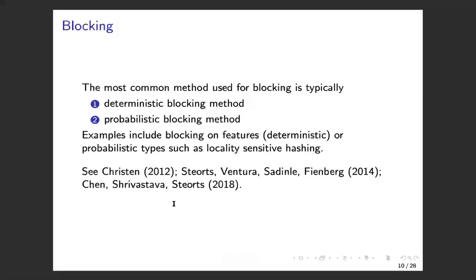And I've put some papers here. A paper that I led with Sam Ventura, Rebecca Nugent, and Steve Fienberg from 2014 is one of my most highly cited papers. It reviews the literature and does comparisons, as well as proposes some locality sensitive hashing methods. And then we use some of these approaches in an application to the Syrian conflict in 2018.